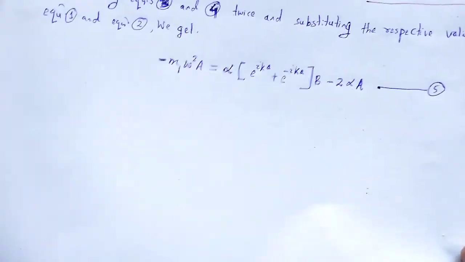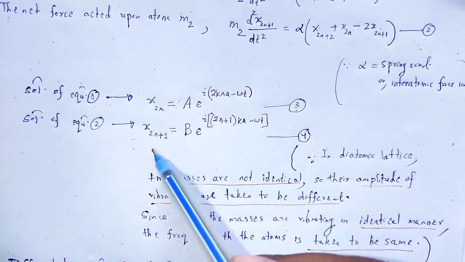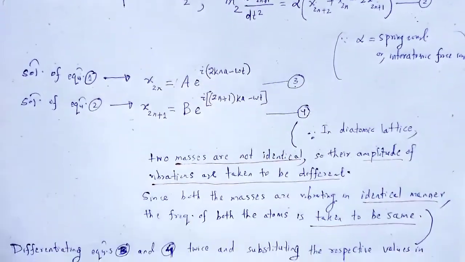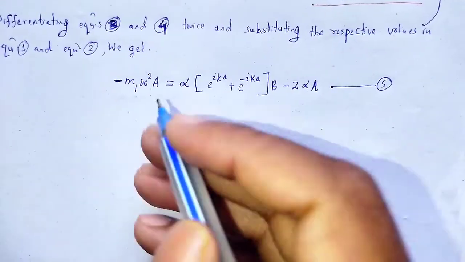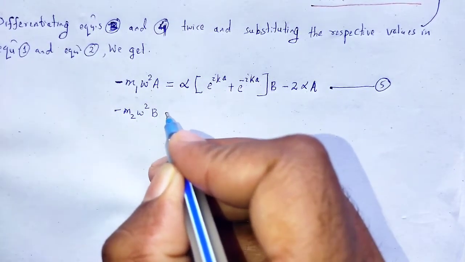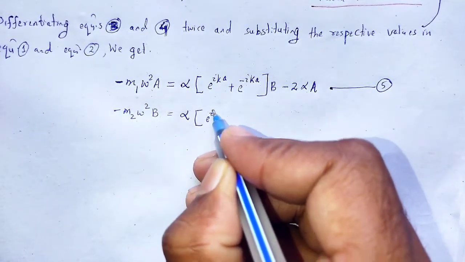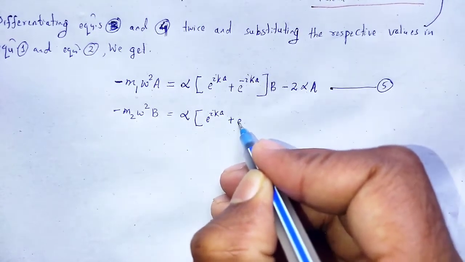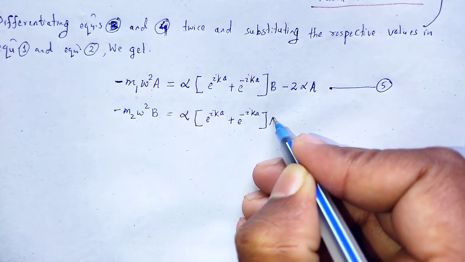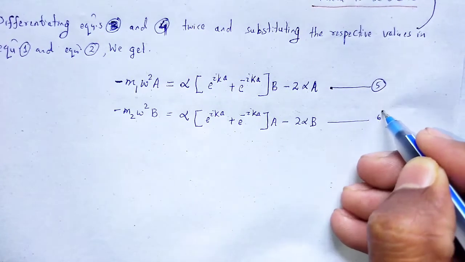Next, similarly, putting its second order differentiation into equation number 2, what we obtain? Minus m₂ω²B is equal to alpha whole into (e^(ika) + e^(−ika)) whole into A minus 2αB, equation number 6.